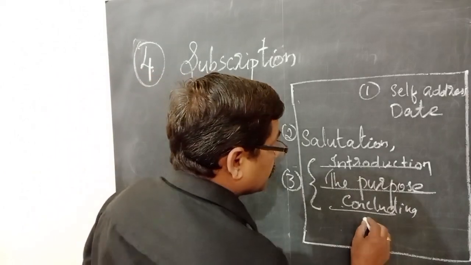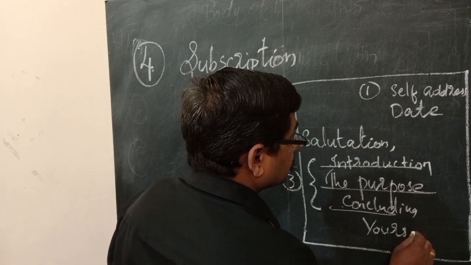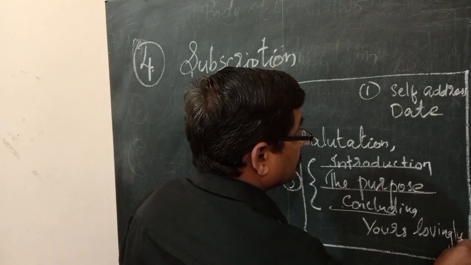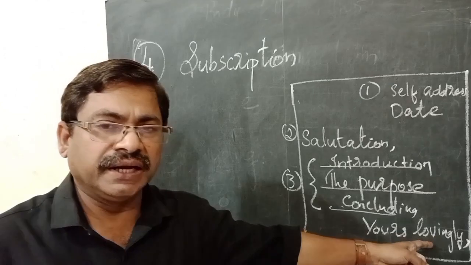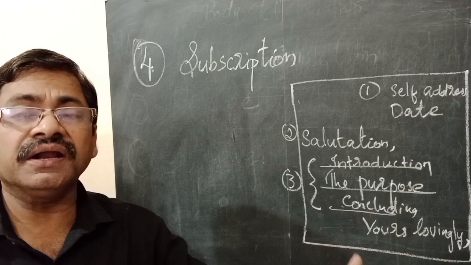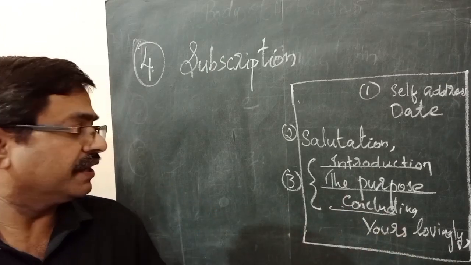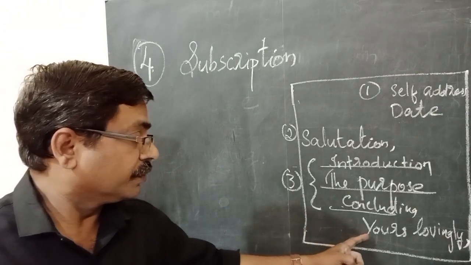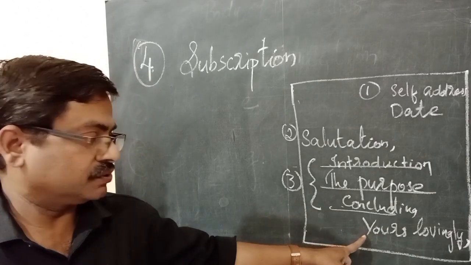You can use here: yours lovingly, otherwise your loving friend, your loving son, otherwise your loving daughter. In this way you have to write. From here you have to concentrate on one thing: Yours, of which Y should be capitalized.